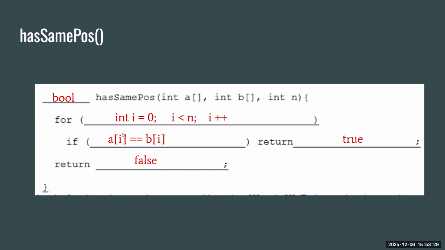So we're going to use i. So i is going to be 0 for both of these indexes for the first iteration, and then it's going to go all the way to the end of the array. So if it ever finds a value that is equal for both arrays, it's going to return true, otherwise return false.